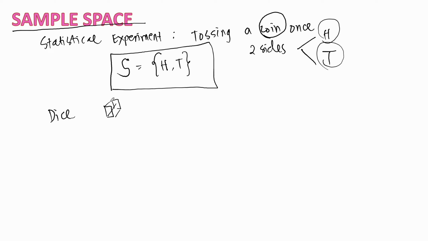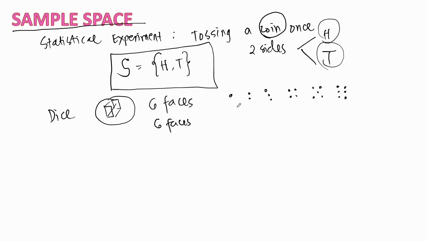Each cube has 6 faces: you have your 1, 2, 3, 4, 5, and 6. So, kung dalawa yan, edi meron kang 12, kasi yung isang dice may 6 faces din siya, at ganito rin ang kanyang faces.